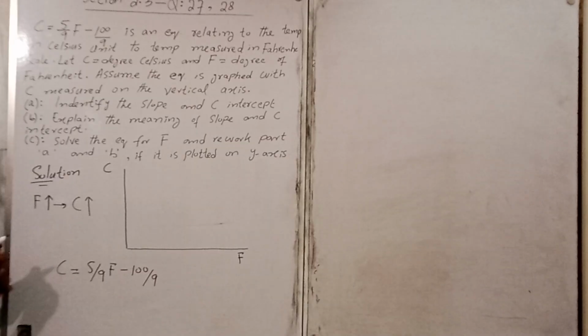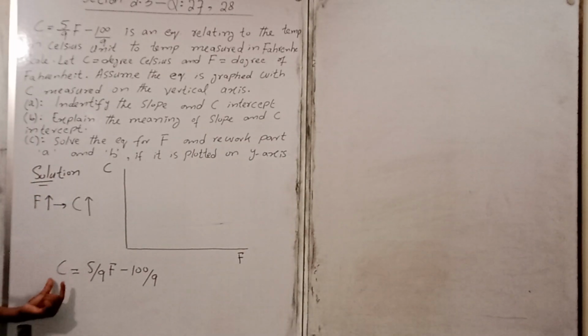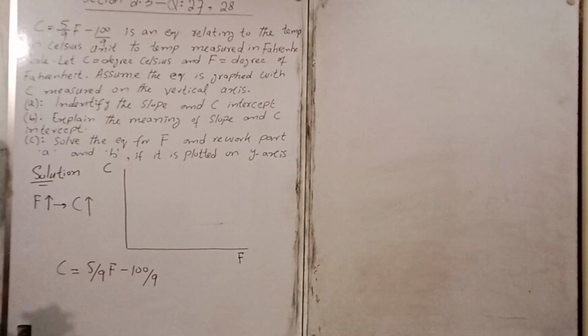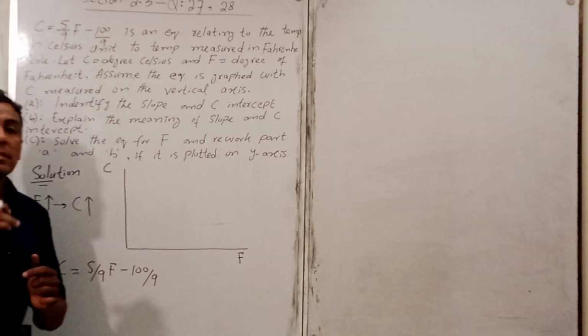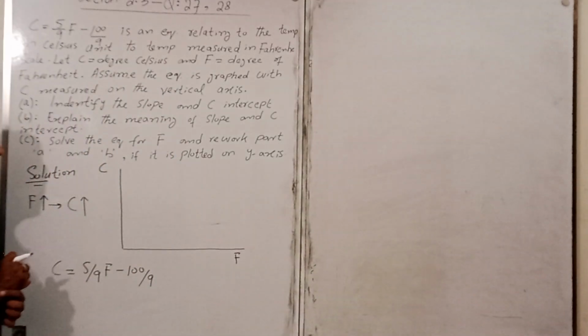So it is a positive relation between these two variables. The left side of this equation represents the dependent variable and the right side the independent variable, meaning that Celsius depends on Fahrenheit according to this equation.